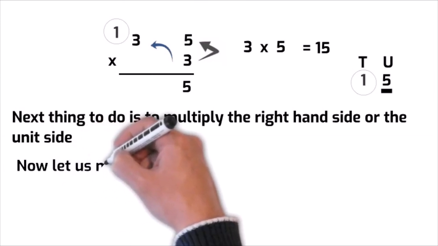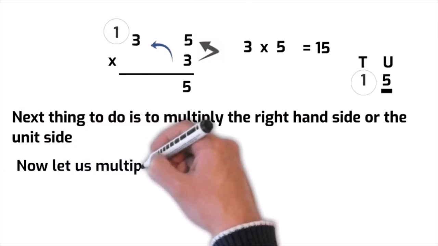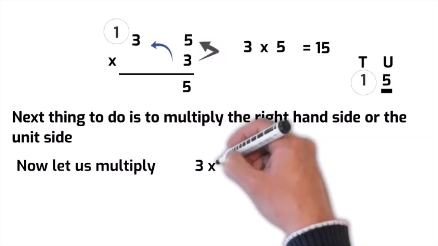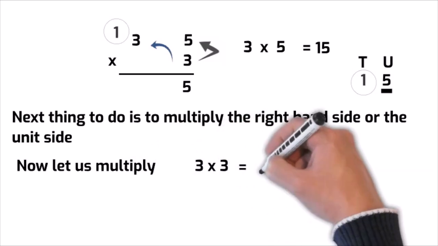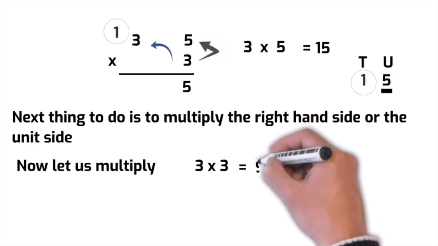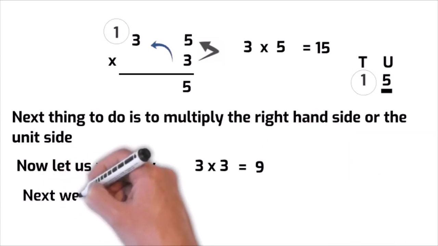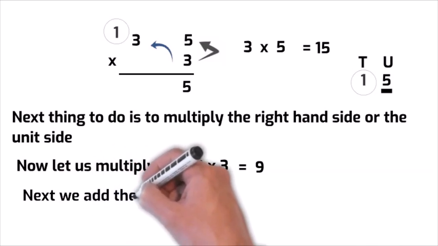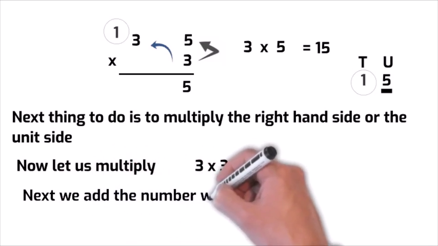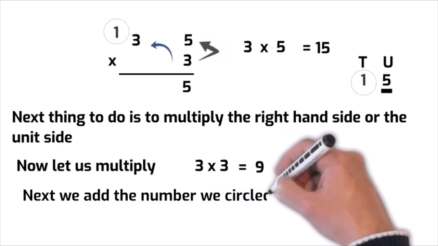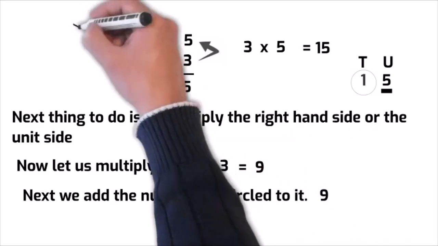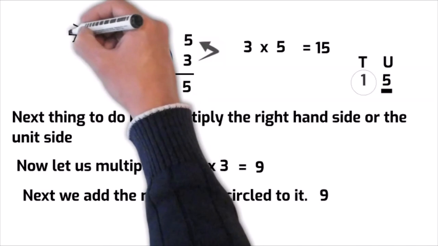Now, let us multiply 3 times 3. 3 times 3 is 9. Next, we add the number we circled to 9.